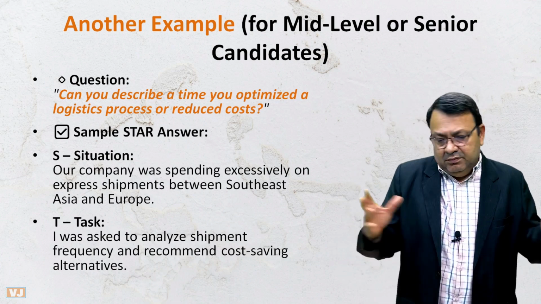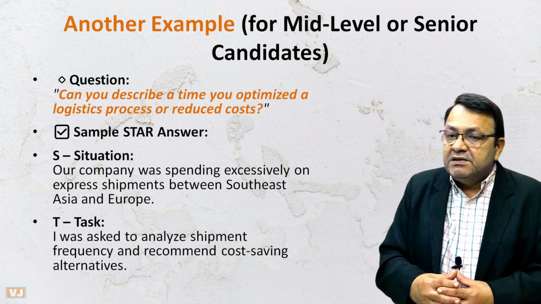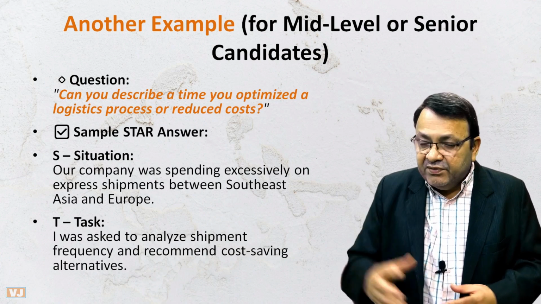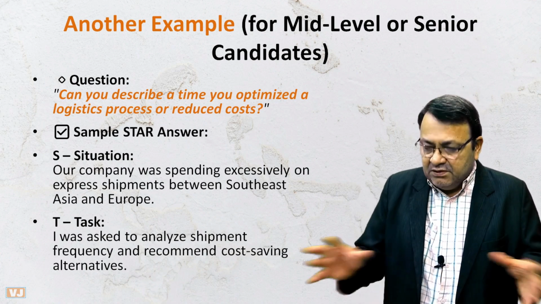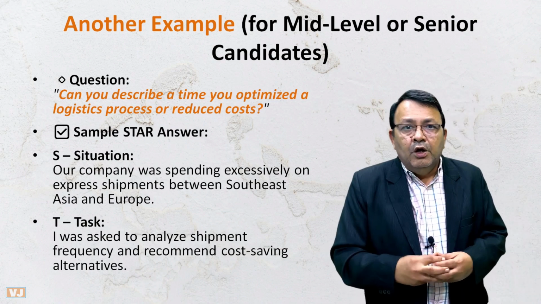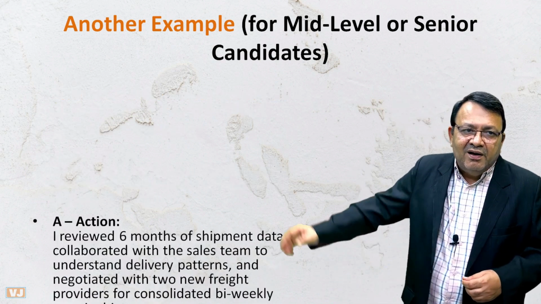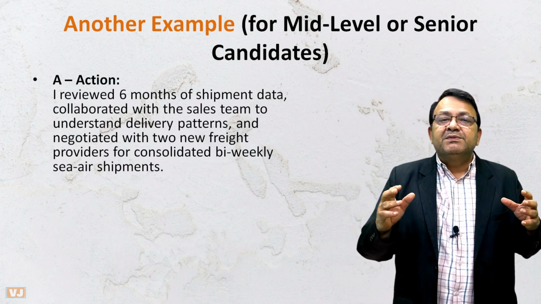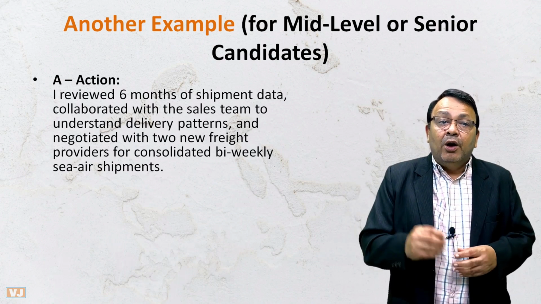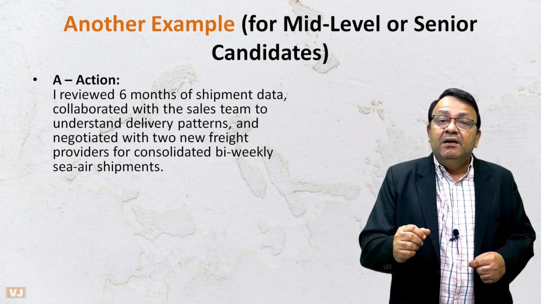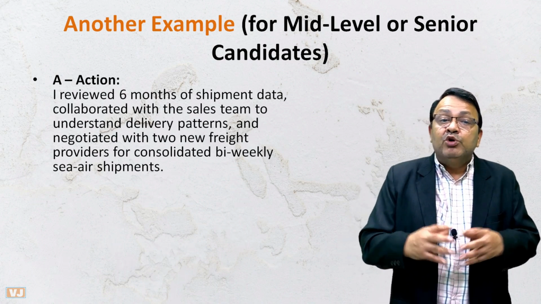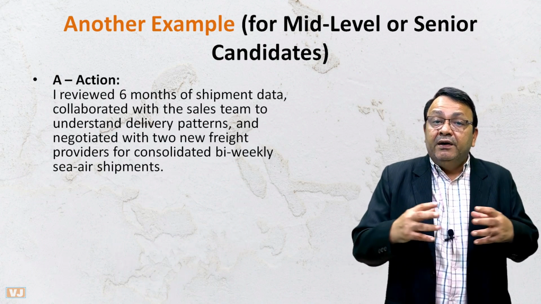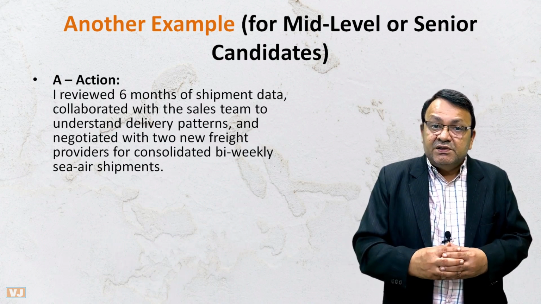Then you come to the task part, that is the T. Here you can say: I was tasked to analyze shipment frequency and recommend cost-saving alternatives. Now you focus on the action part. For example, you can say: I reviewed six months of shipment data, collaborated with the sales team to understand delivery patterns, and negotiated with two new freight providers for consolidated bi-weekly sea-air shipments.